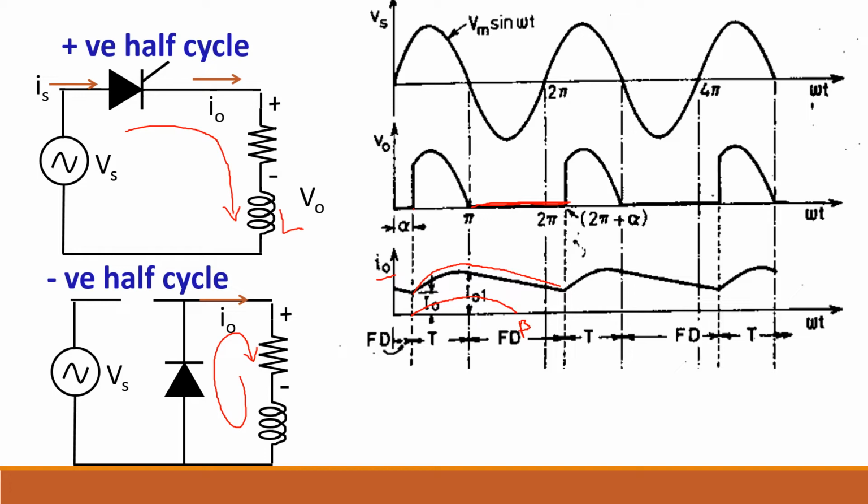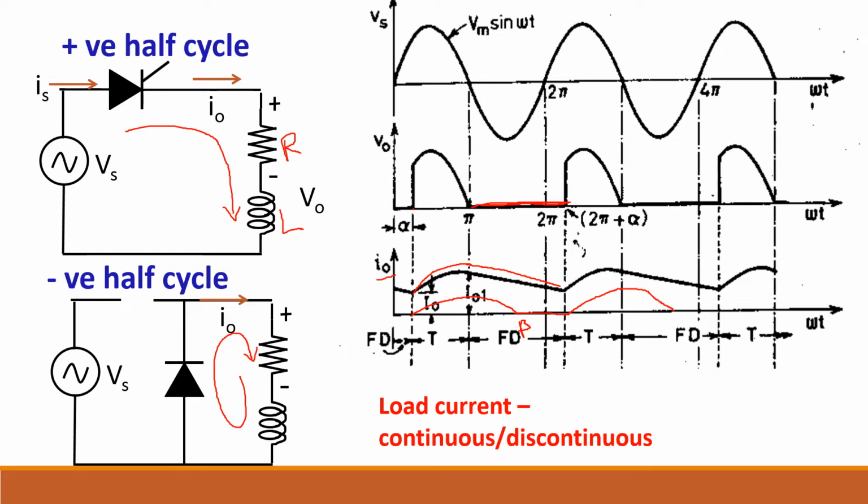So this is beta. After that it remains 0 till 2 pi plus alpha, then again increases. In this case we call this current discontinuous current. So this load current can be continuous or discontinuous depending upon the load parameters R and L.